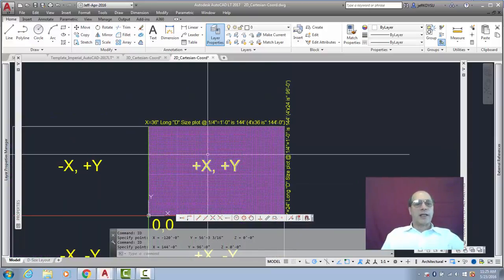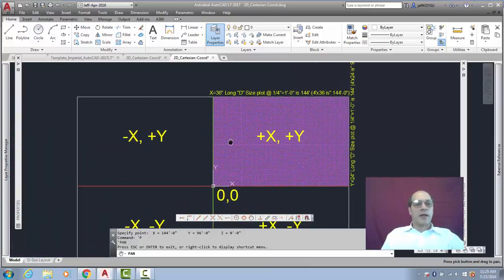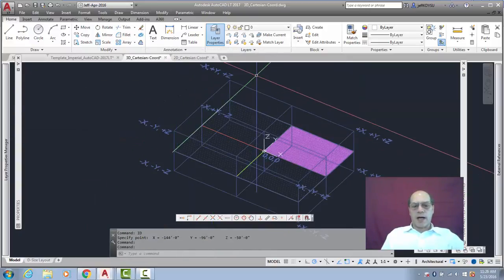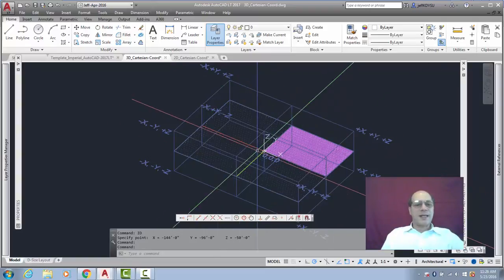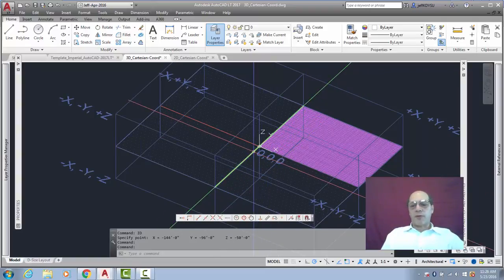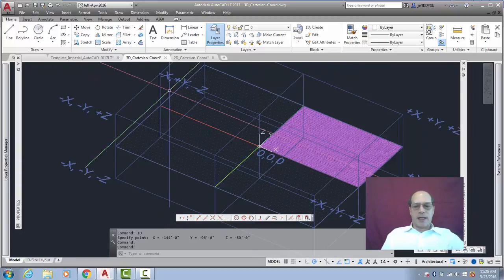Now if we come over and click on the drawing I made for 3D, you'll notice now at the point of origin, we've got a 0, 0, X, Y, and Z. This is going to tell us where we are in 3D Cartesian coordinate space.